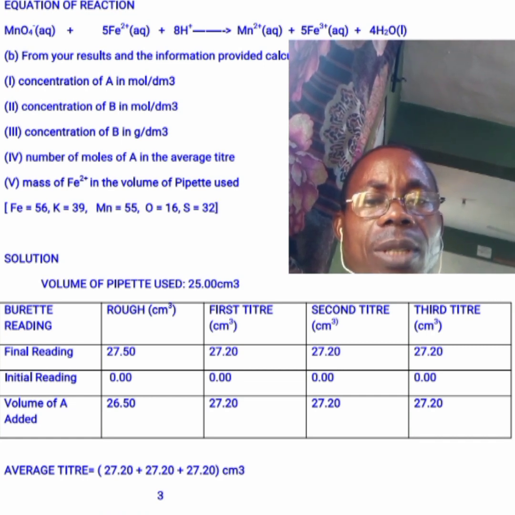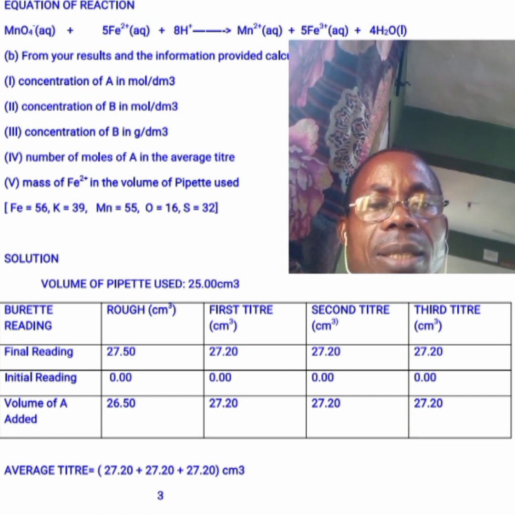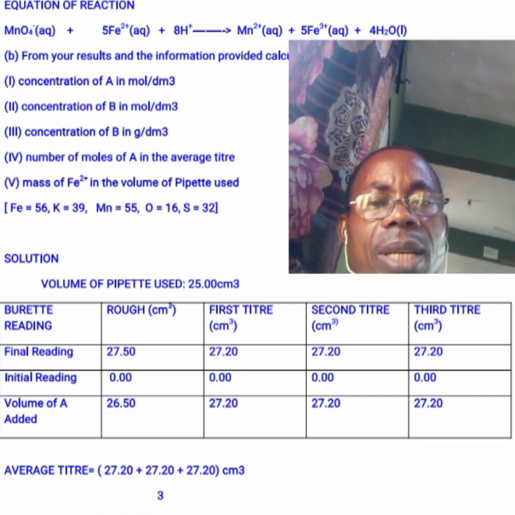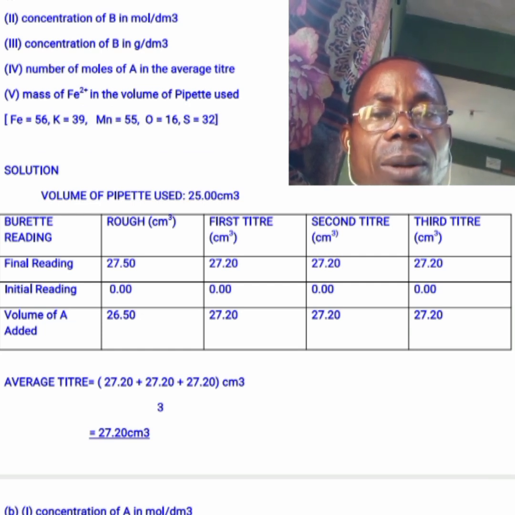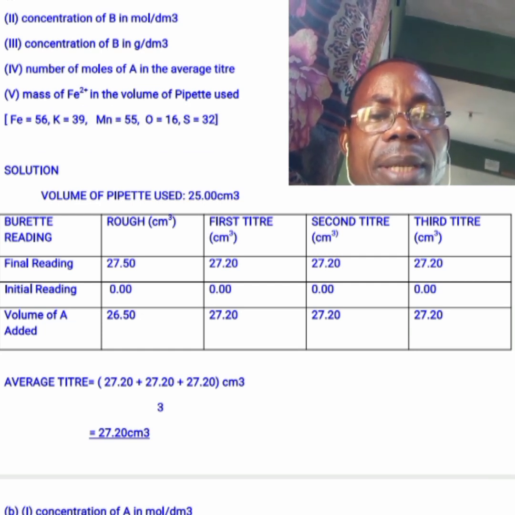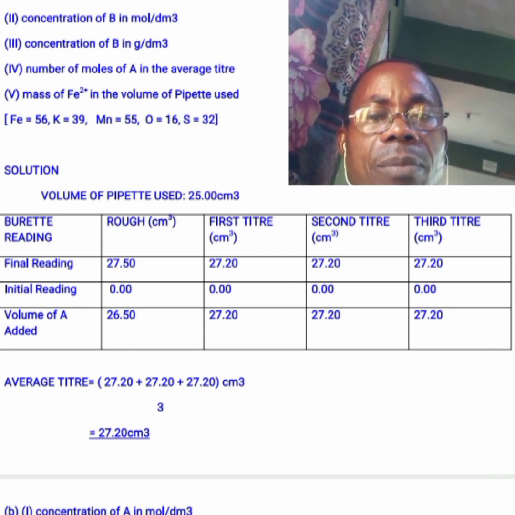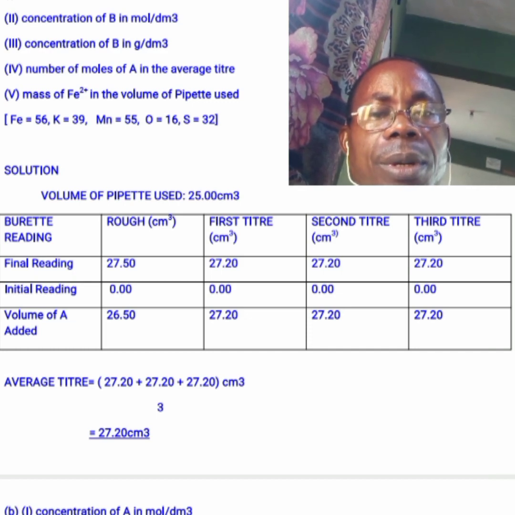To find the average titer, we add the first, second, and third titers together and divide by 3. Since the 3 titer values are consistent, the answer is 27.20 cm cube.